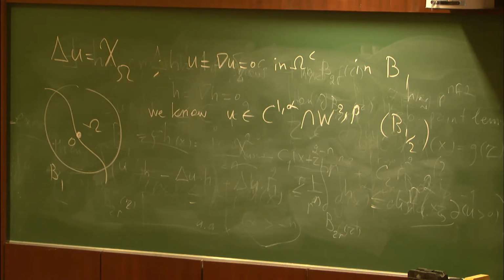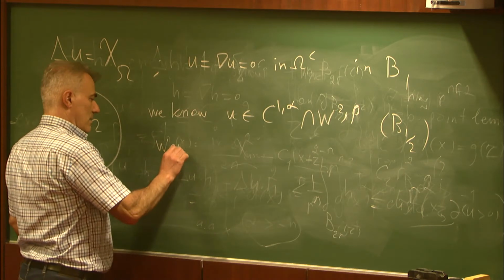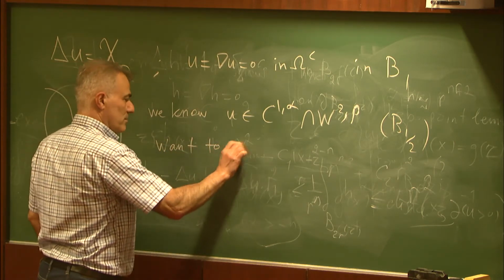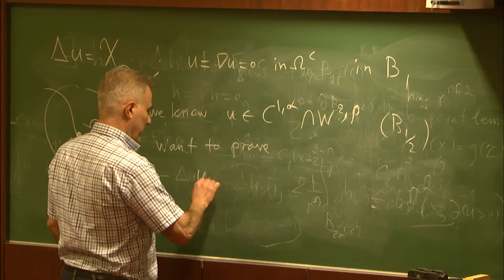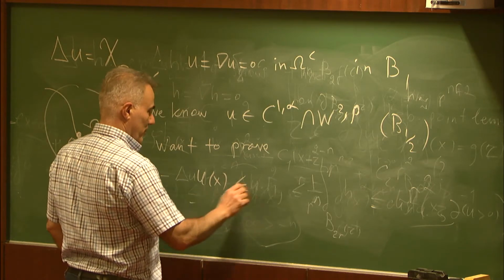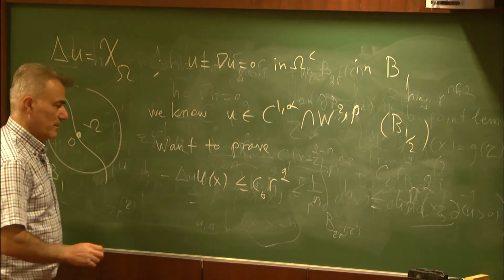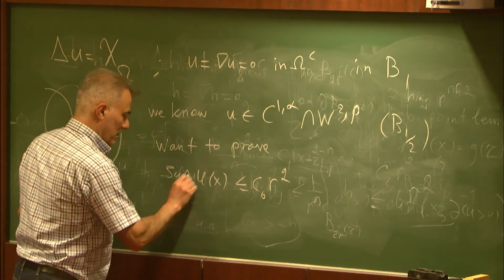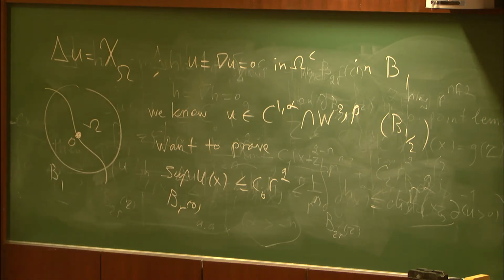I want to prove quadratic growth, that u of x is bounded by R to the power 2, where the supremum is over the ball of radius R and 0 is a free boundary point.